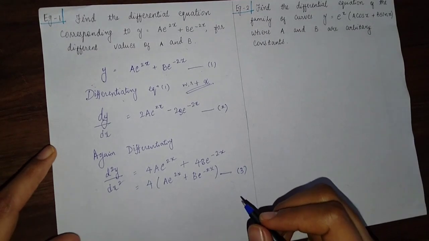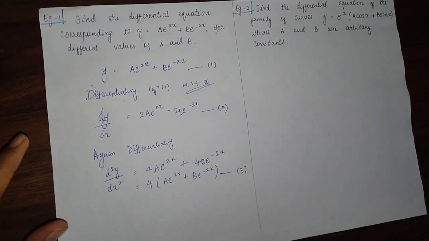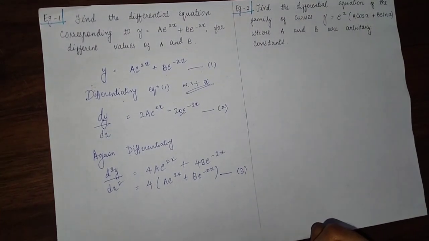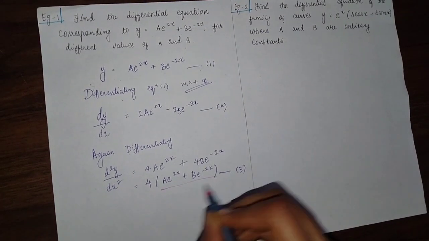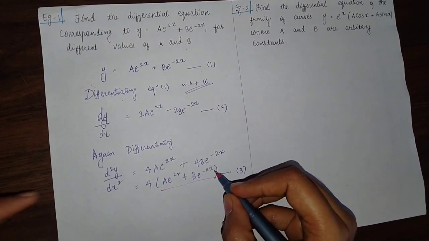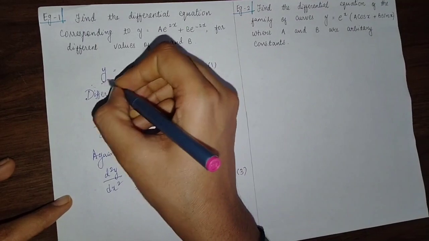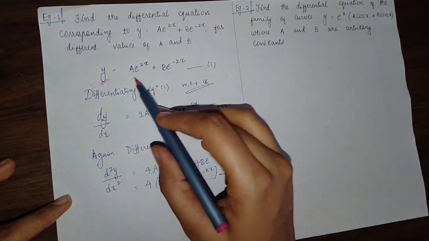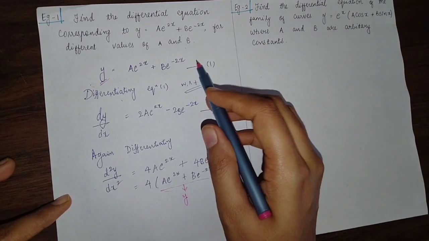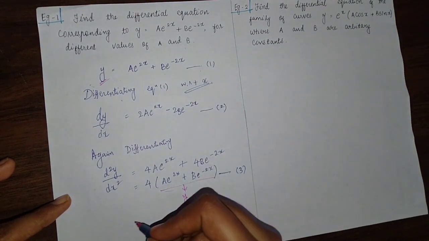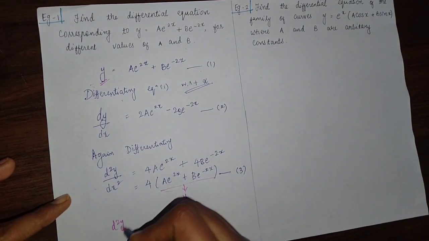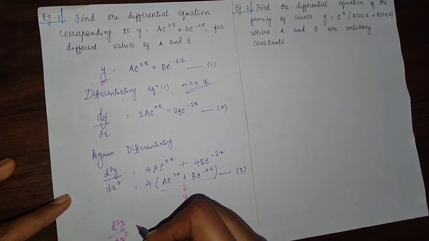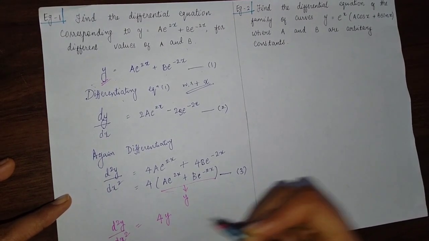Now you can see that here you have a e raised to 2x plus b e raised to minus 2x, and that is nothing but y. y is already given as a e raised to 2x plus b e raised to minus 2x. So you can write it like this: d square y by dx square is equal to 4y.